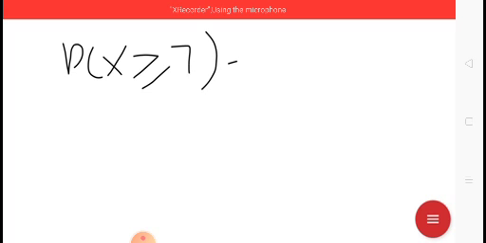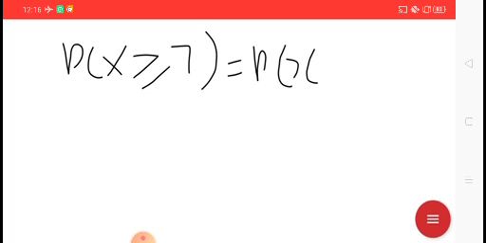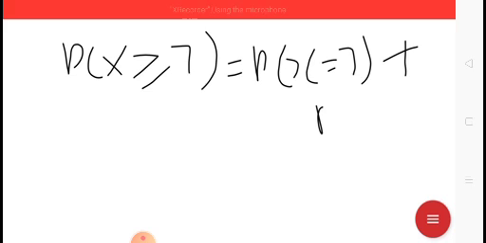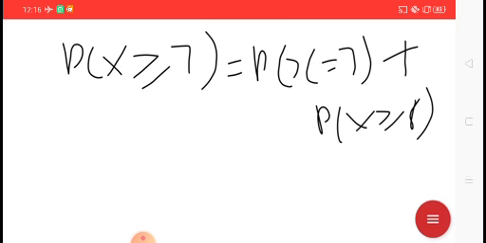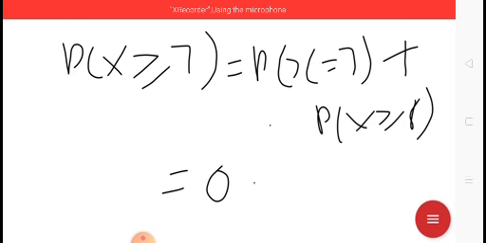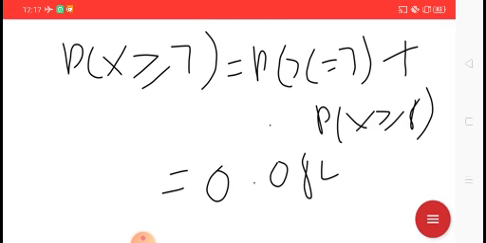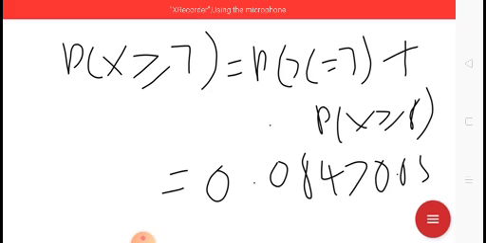You can simplify it as P(X = 7) plus P(X ≥ 8), which is from the previous part. So it's a step-by-step increment, right? Unless you are very lucky, you can guess where it is. After you calculate this, you may get 0.084, which is larger than 0.05 already.